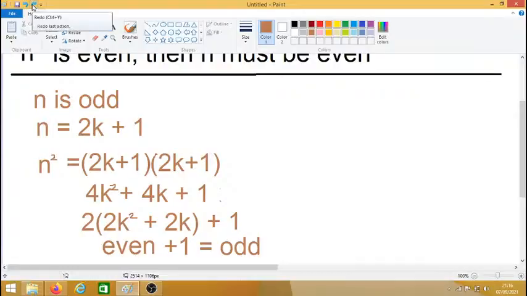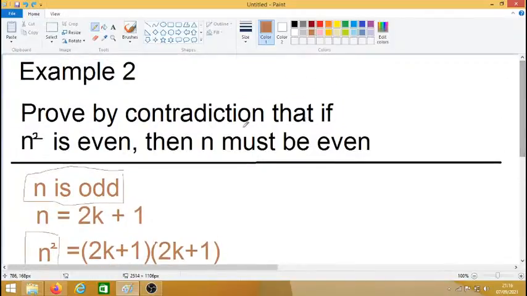So my square number is odd, and I started with an odd, but the question said that I wanted to end up with an even number. So since it's not possible to get an even number at the end by starting with an odd number, it can't be that the beginning number is odd. It must be even.